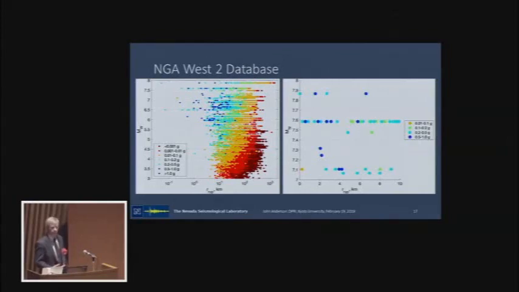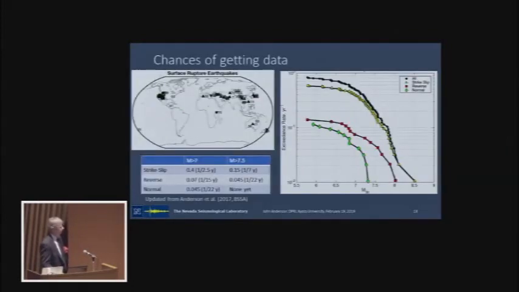We need more data. A part of the problem is that these events are fairly rare. Without going into all of these details on the source of these plots, just say that for strike-slip earthquakes, for instance, a magnitude greater than 7 earthquake in a continental area is only happening maybe once every other year or so.